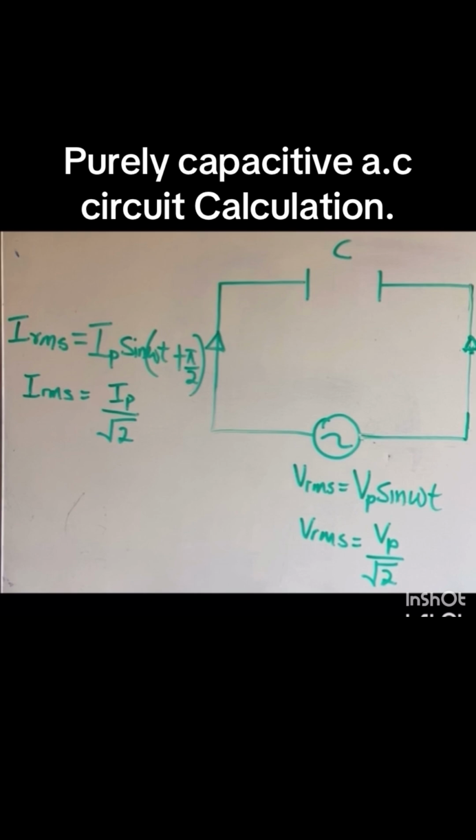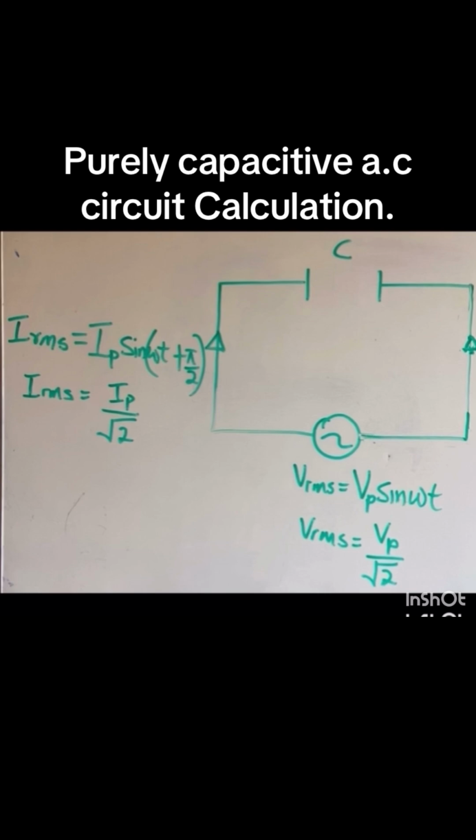So the root mean square value of current is equal to the peak value, or the maximum value of current, times sine of (angular velocity t plus pi over 2). When we differentiate, we get that the root mean square value of current is equal to the peak value of current divided by root 2.